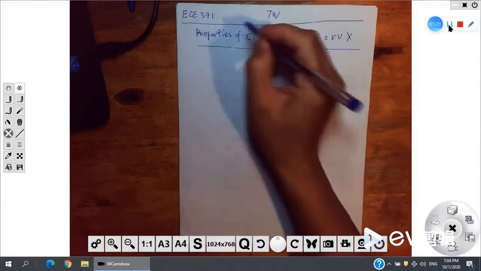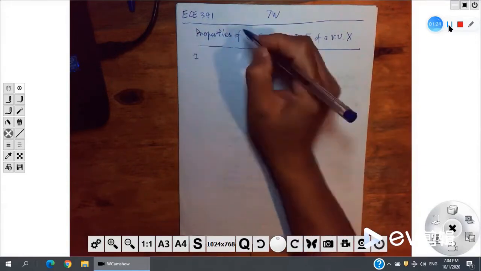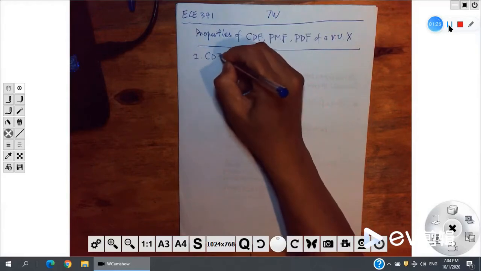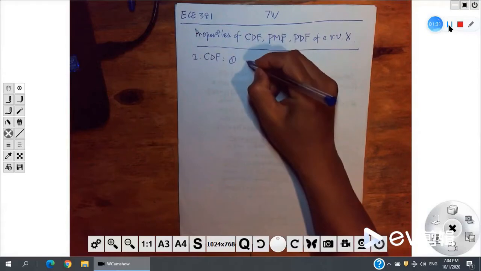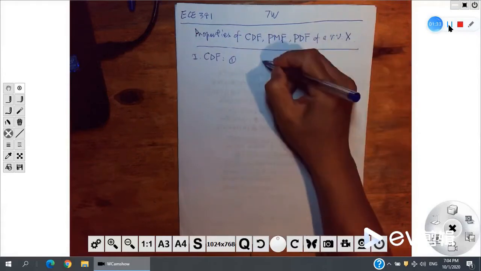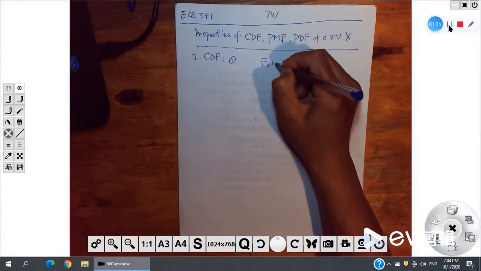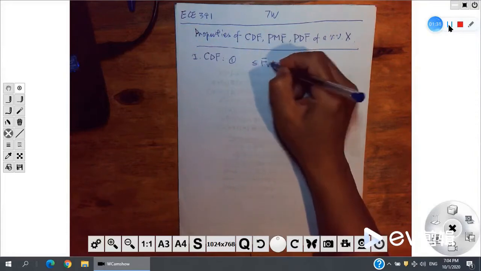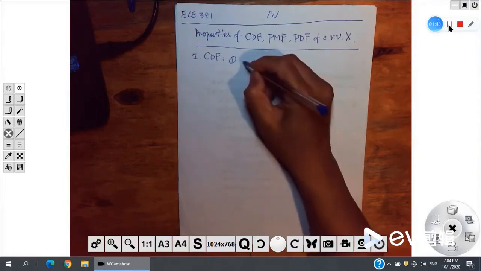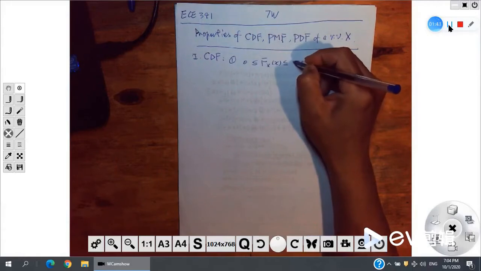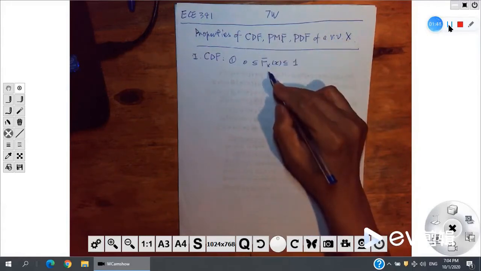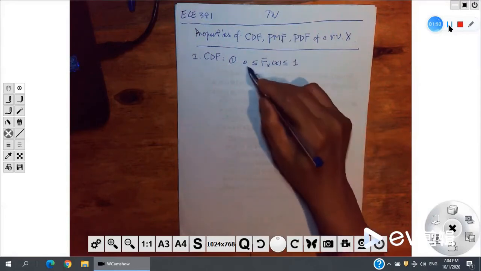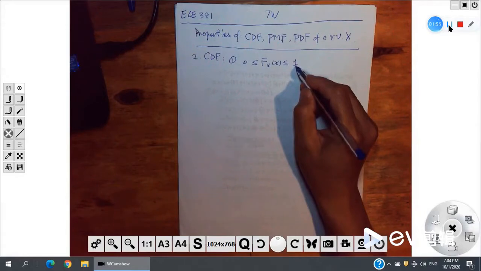Then the properties. First for CDF, we have several things. First one, the value of the CDF, F_X(x), will be a number between 0 and 1, right? Because it is a probability. So this value will be larger than or equal to 0 and no more than 1.